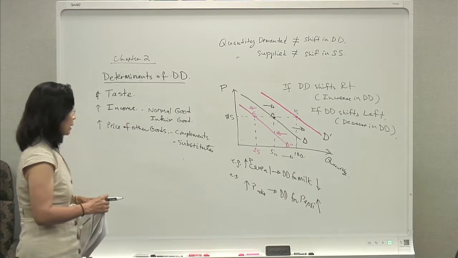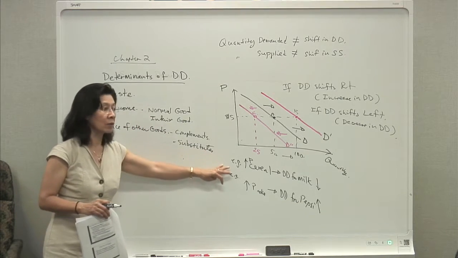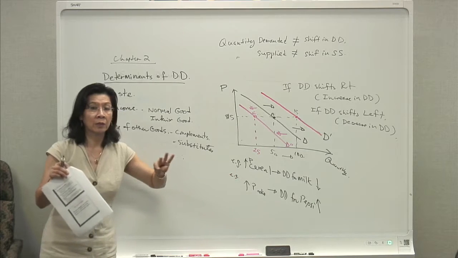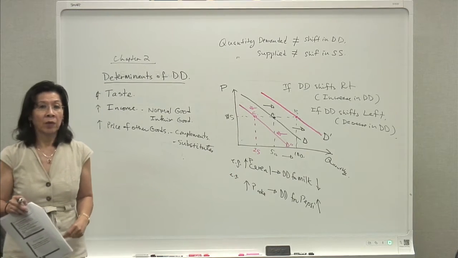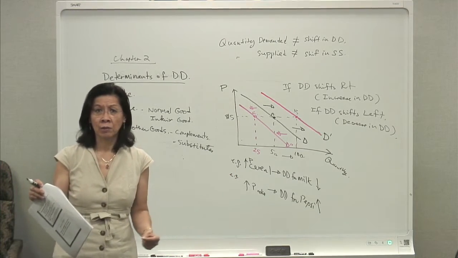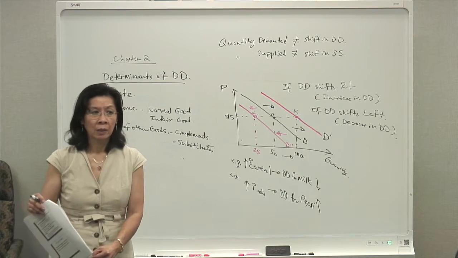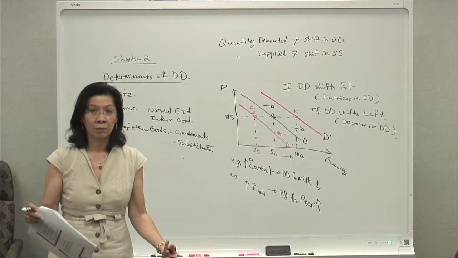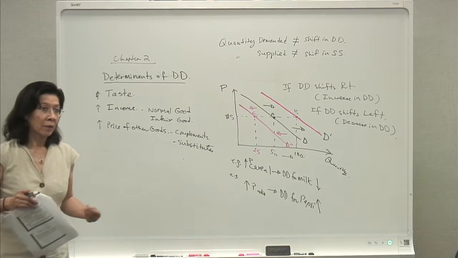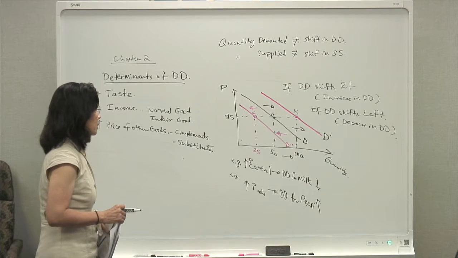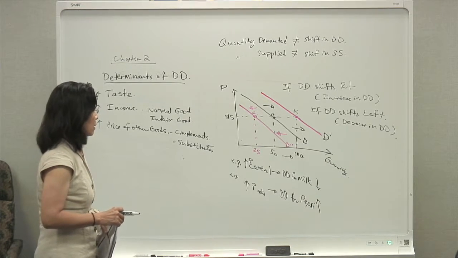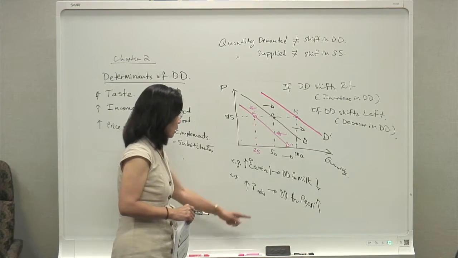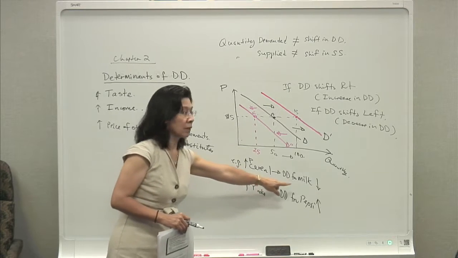So in other words, in the case of complementary goods, goods that you consume together, like if you're wearing a shoe on your right foot, and of course on your left foot you wear a matching shoe, I hope, right? You have to consume them together. So they move in the opposite direction.